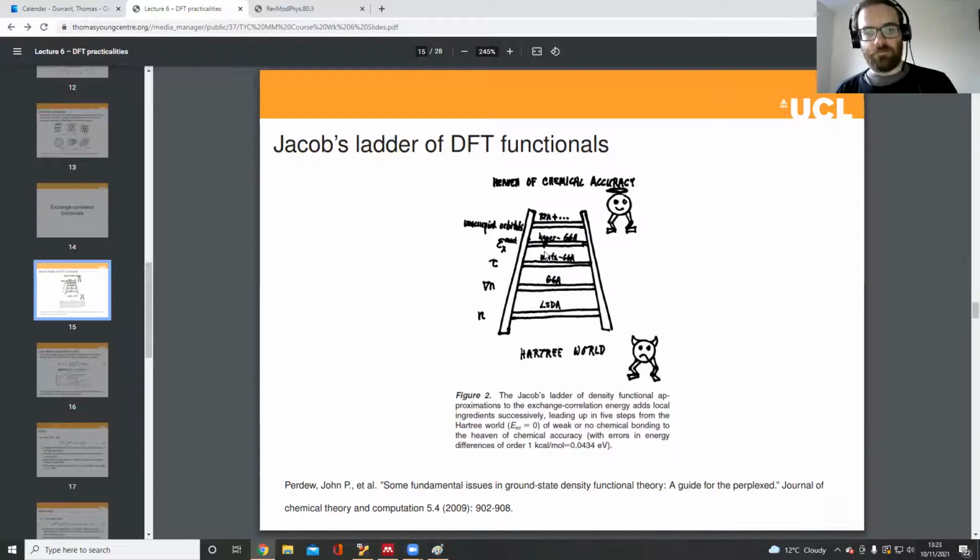Then we have the meta GGAs, which also allow the second derivative of the electron density, del squared n, which corresponds to the kinetic energy. Then we can go up to what are sometimes called hyper GGAs or hybrid functionals, where we include some measure of exact Hartree-Fock exchange. And then there are even more sophisticated methods based on unoccupied orbitals, such as the random phase approximation.